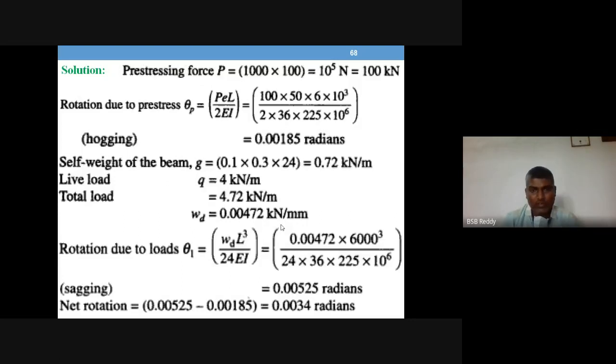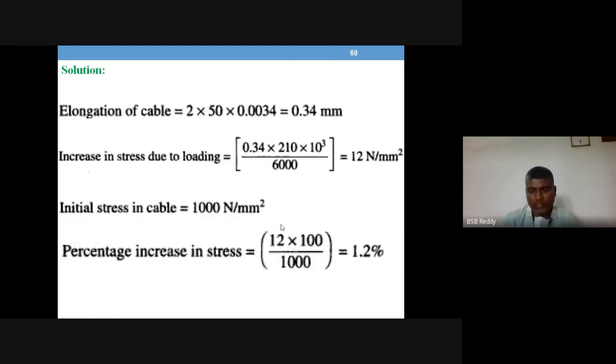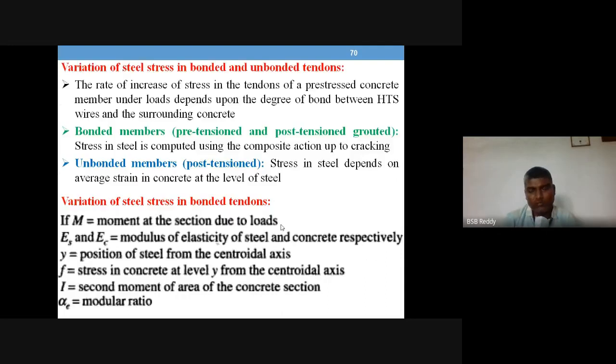Okay, so this is what is calculated, and we have now proved that within the elastic limit of the steel, if the tendon is stressed, then there won't be much change in the stress in the steel, right?